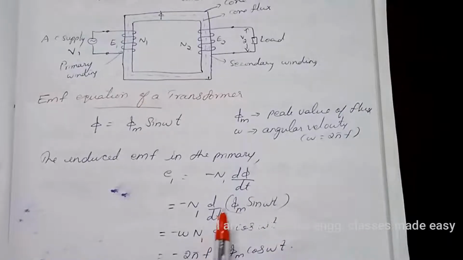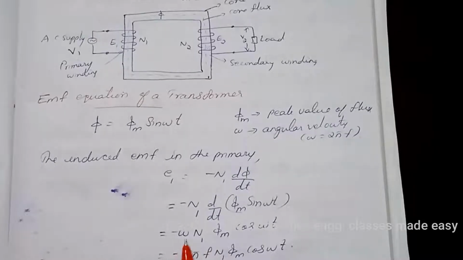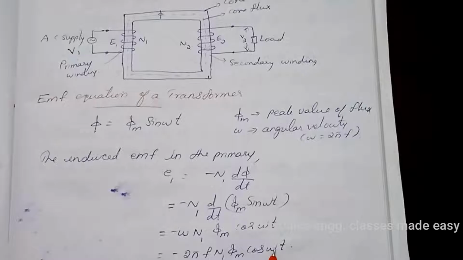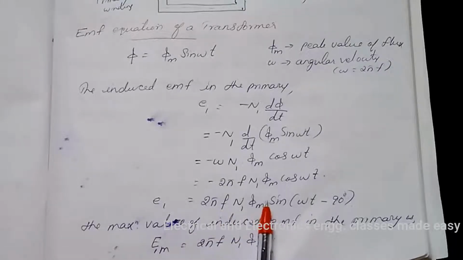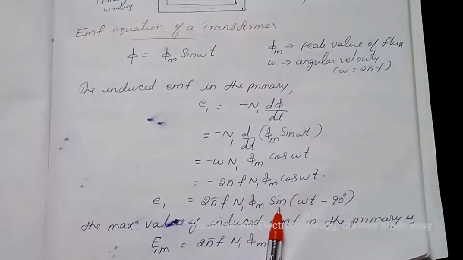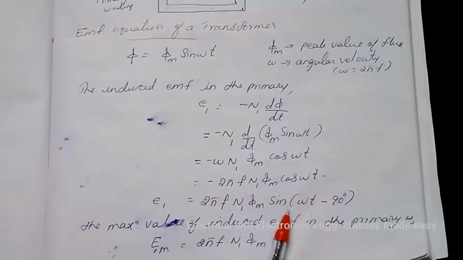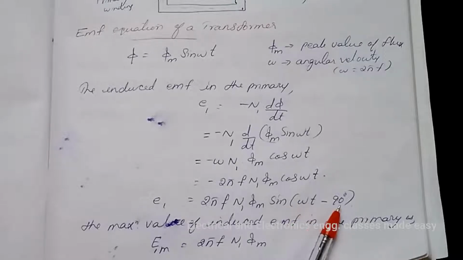Phi m is constant and the derivative of sin omega t is omega cos omega t, so it is minus 2 pi f N1 phi m cos omega t. Or we can write 2 pi f N1 phi m sin (omega t minus 90 degrees), since minus cos omega t is equal to sin (omega t minus 90 degrees).